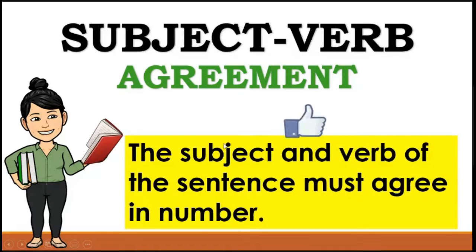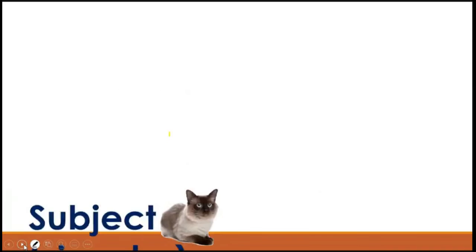To write an effective or grammatically correct sentence, the subject and the verb of the sentence must agree in number. Meaning, yung subject at yung verb must agree daw in number. Number ang pinag-uusapan natin, pero we're not talking about math.